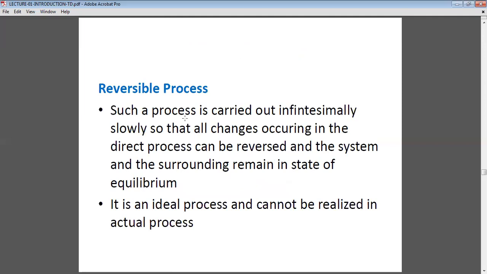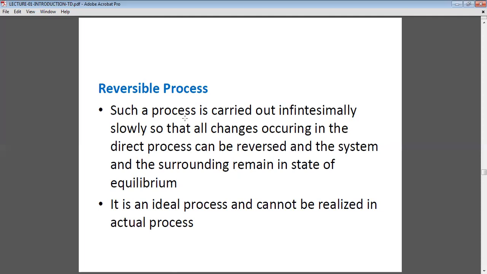Next, coming to the reversible process. A reversible process is a process which takes place very slowly, such that all the changes occurring in the process can be reversed. That means if we go in the reverse direction also, the same changes in state should be observed between the system and the surroundings, and the surroundings remain in a state of equilibrium.